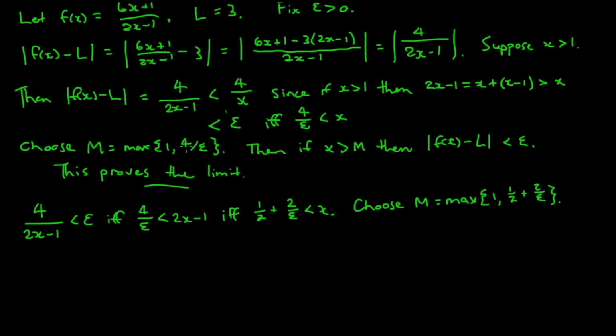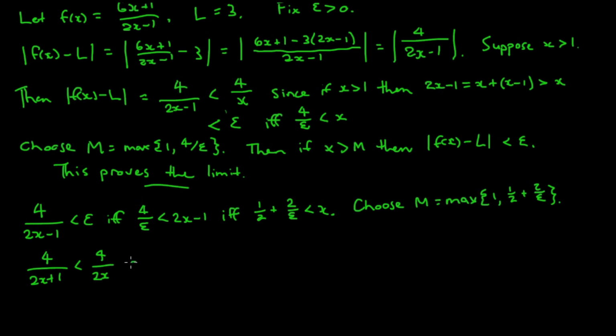One other thing I'll mention is, suppose instead of 4 over 2x minus 1 we had 4 over 2x plus 1, then with the plus there our simplification becomes a lot simpler. We can say that that's less than 4 over 2x because we've reduced the denominator, which increases the fraction.